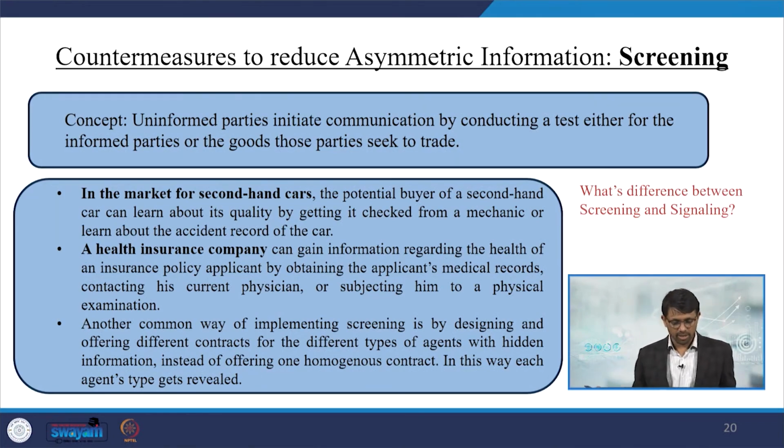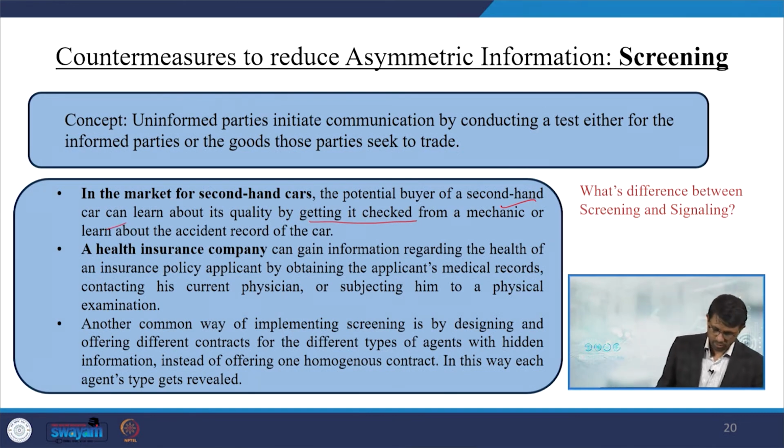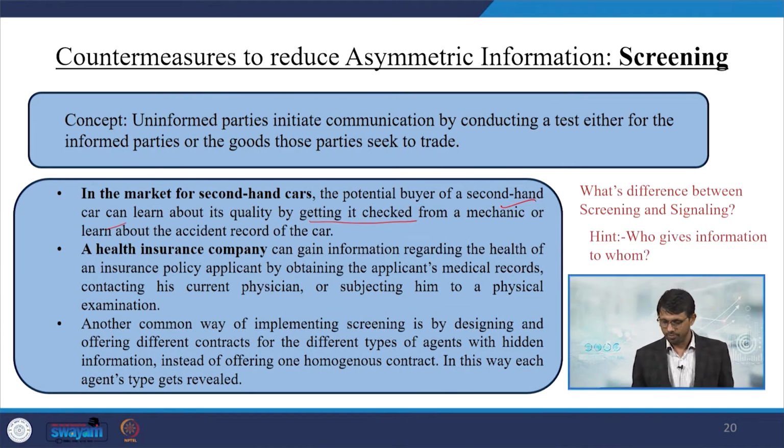Just citing one example, in the second hand market, the potential buyer of a second hand car can learn about its quality by getting it checked by a mechanic or learn about the accident record of the car. Similarly, please go through the health insurance company and their signaling strategy, and it will help.